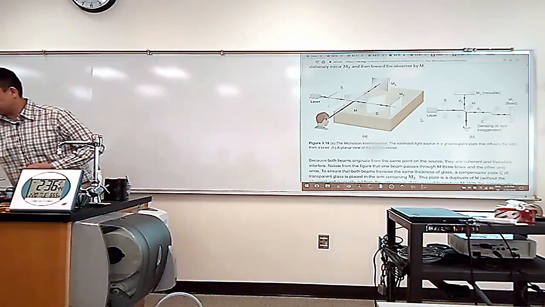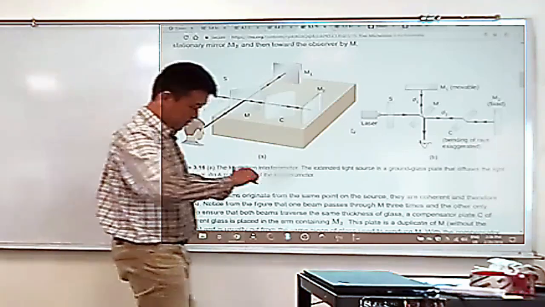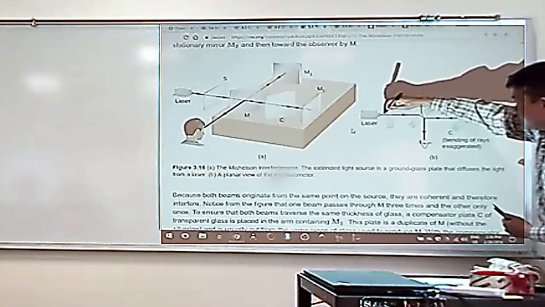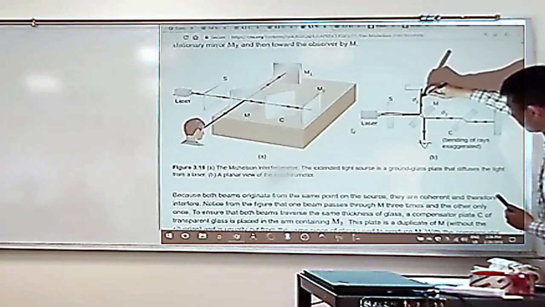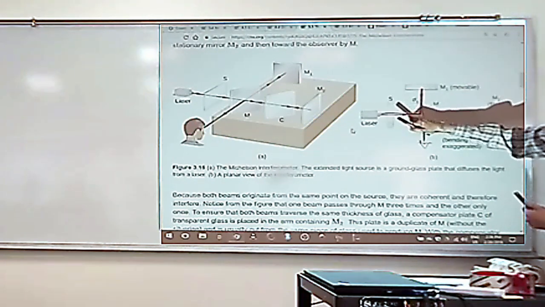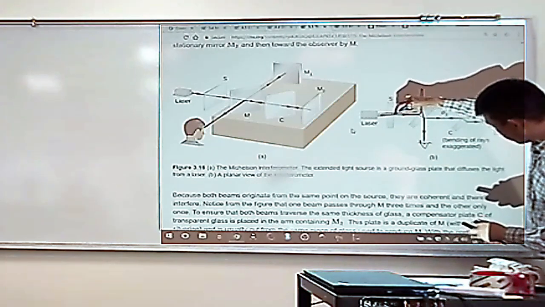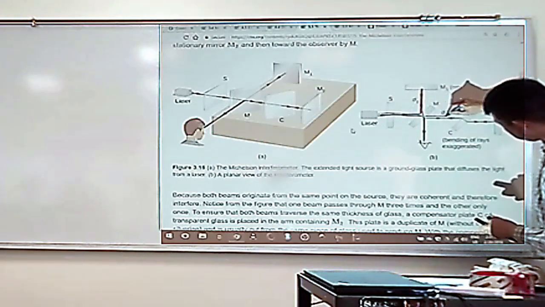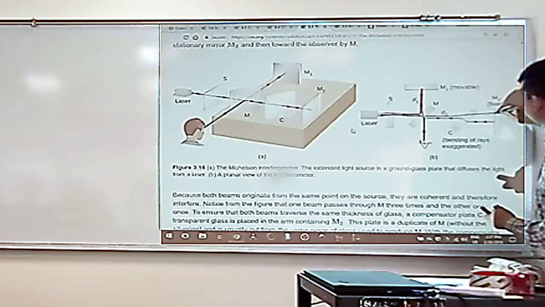So you see that if I trace it out, the two beams share a common path at the very beginning and at the very end. So the parts that are different are the ones in the arms.